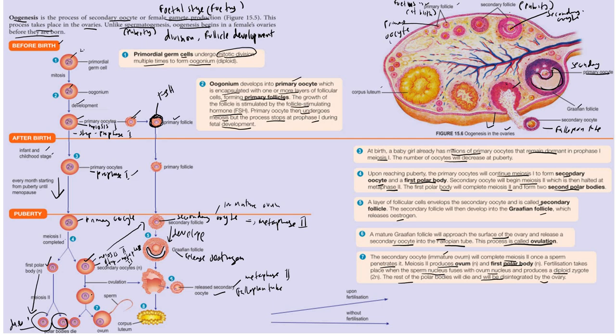So these are secondary oocytes, right? So when the sperm penetrates it, it will complete the meiosis, and produce the ovum and also the polar body.